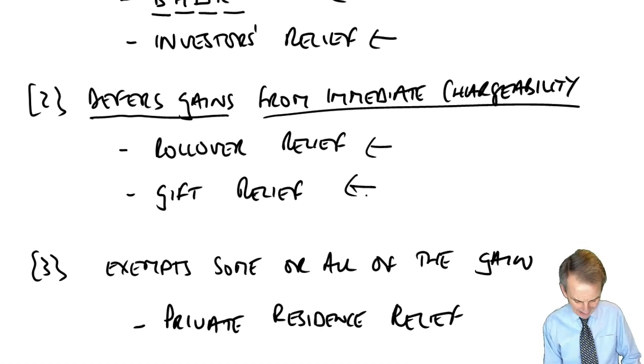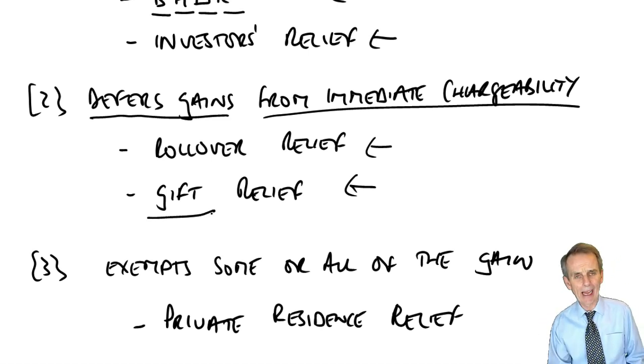If you were to gift something away, whether outright or in part, then if you gift it outright, there are no sale proceeds. If you sell it under value, then there are some sale proceeds, but not the full value of the property.